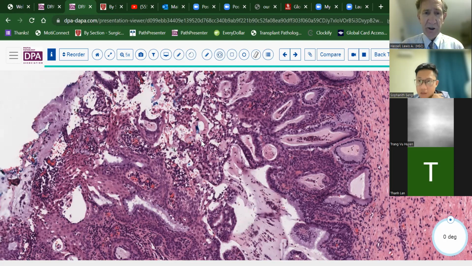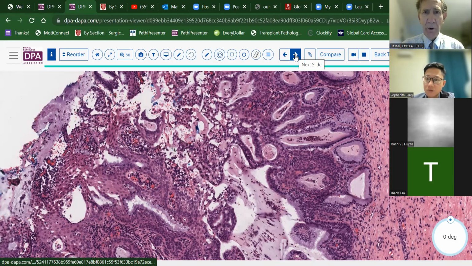I think in this particular situation, I probably would not do a p16 stain because I'm reasonably comfortable that all of the squamous elements here are metaplastic or immature metaplastic in this situation.